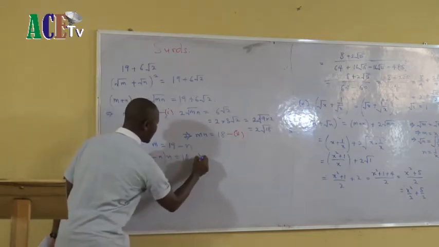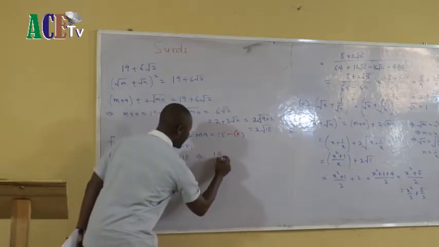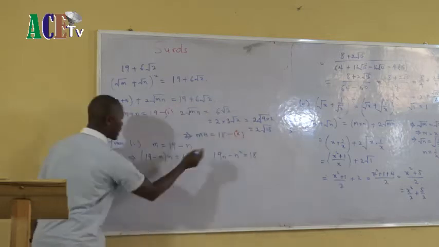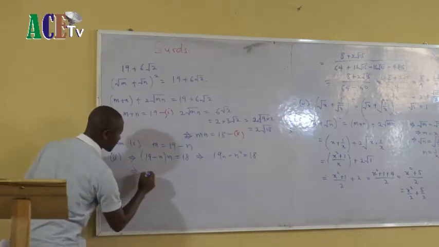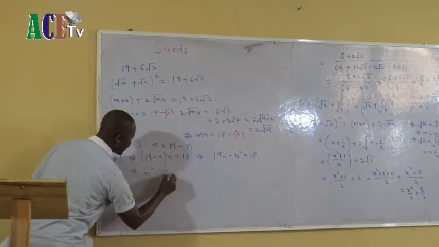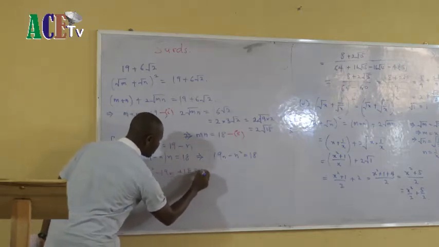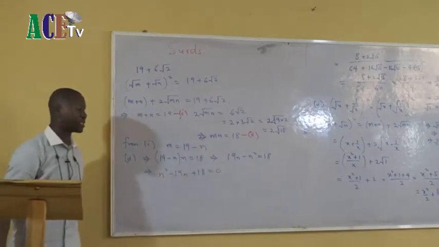And so this implies that we would have 19n minus n squared is equal to 18. We can rewrite this as n squared minus 19n plus 18 equals 0. Now, this gives us a quadratic equation.